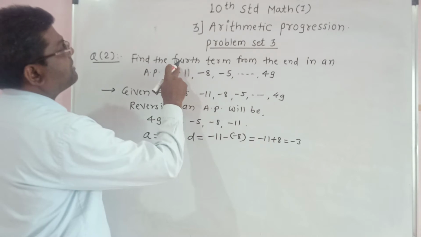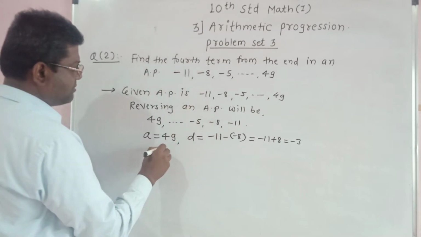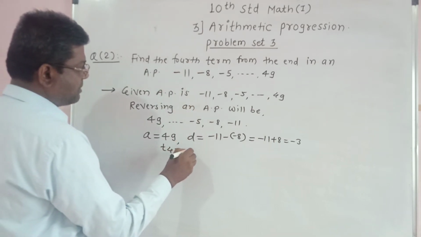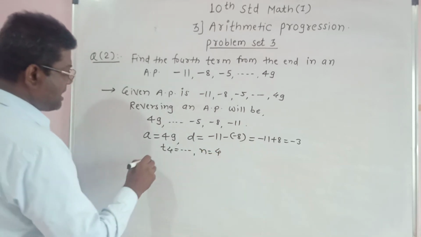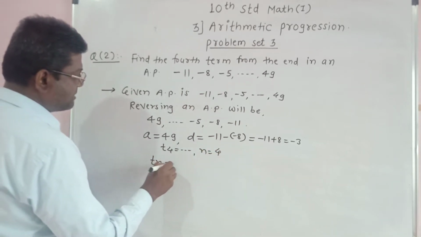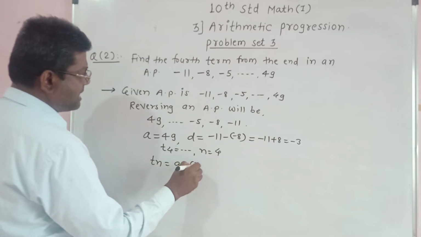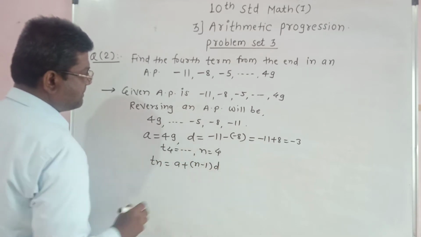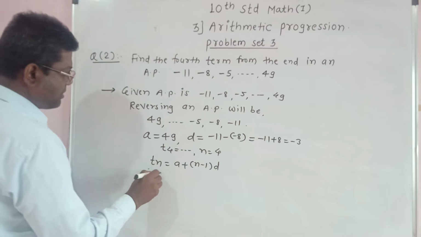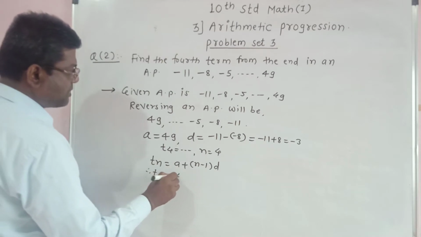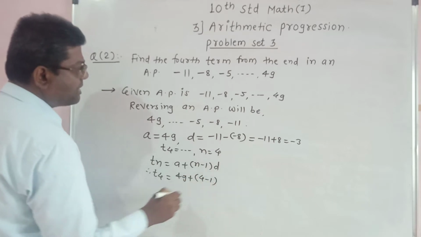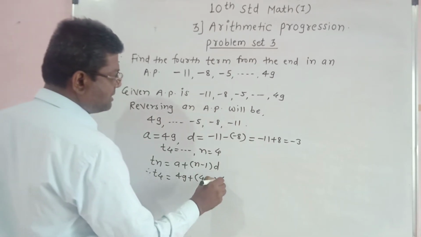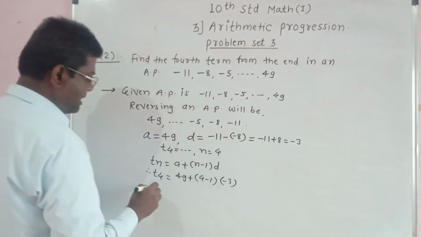And we have to find the fourth term, that is, we have to find T4. Then n is equal to 4. Now we use the formula Tn is equal to a plus (n minus 1) into d. Therefore T4 is equal to 49 plus (4 minus 1) into -3.